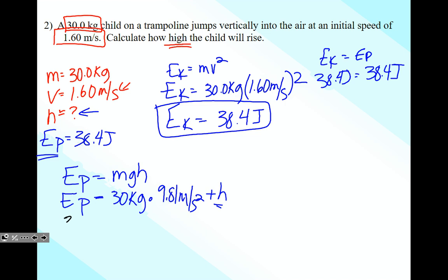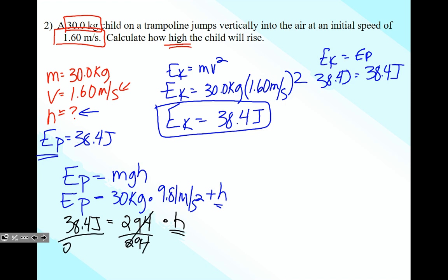So our EP, 38.4 joules, is equal to 30 kilograms multiplied by 9.81, which is going to give you 294. And we multiply that by our height, right? We're going to look for height, so we have to divide this by 294 to cancel it out.